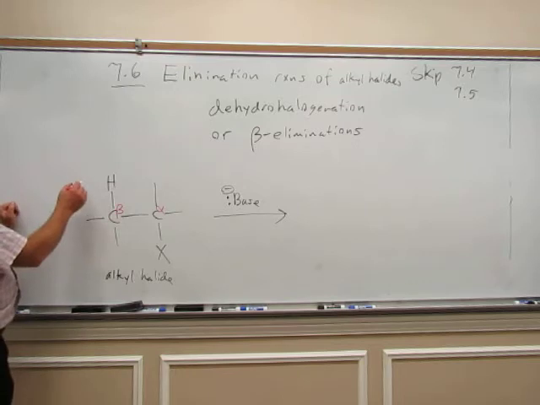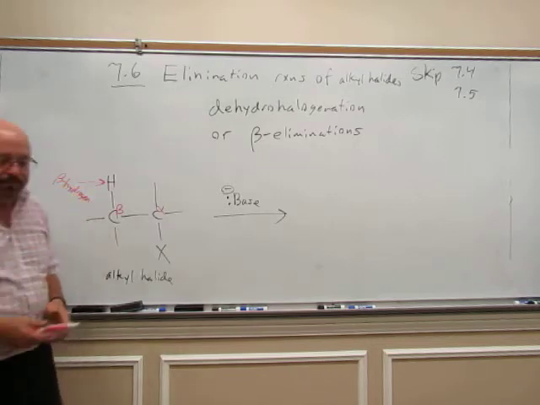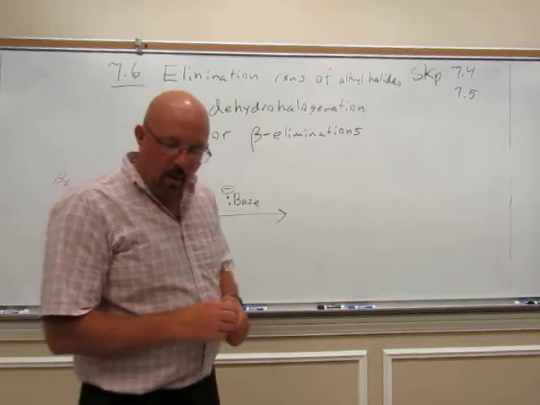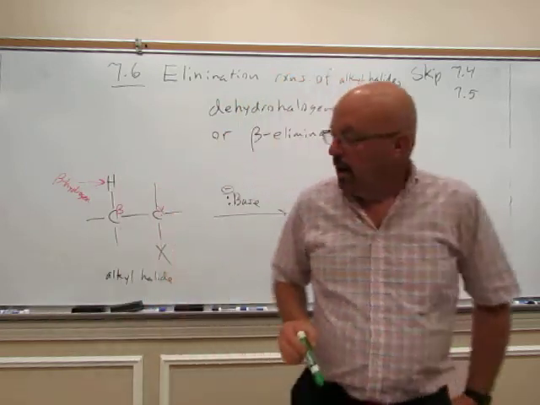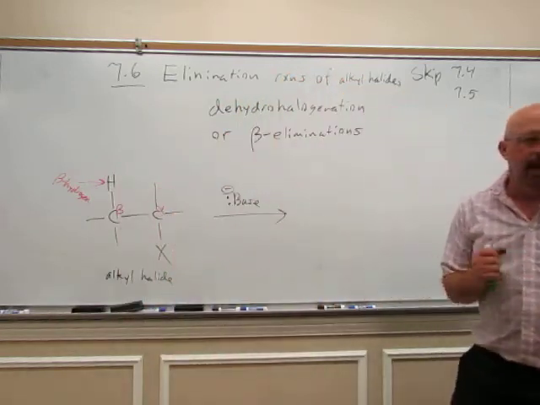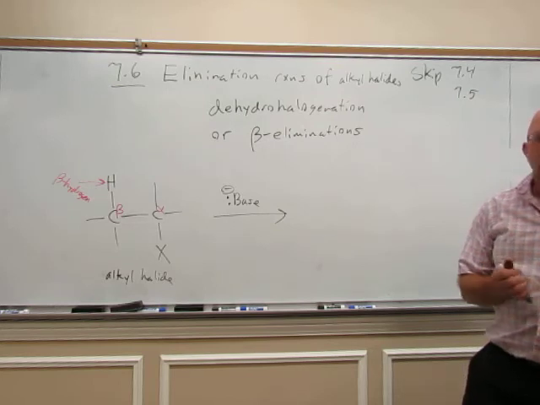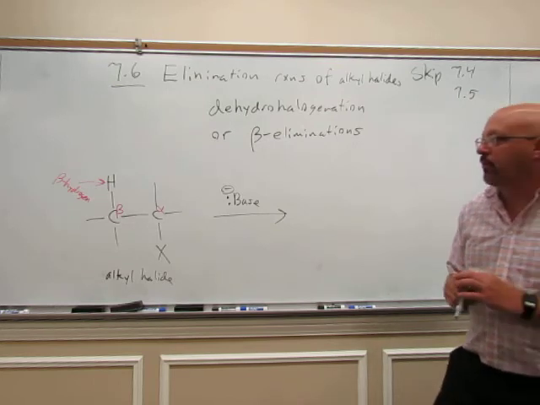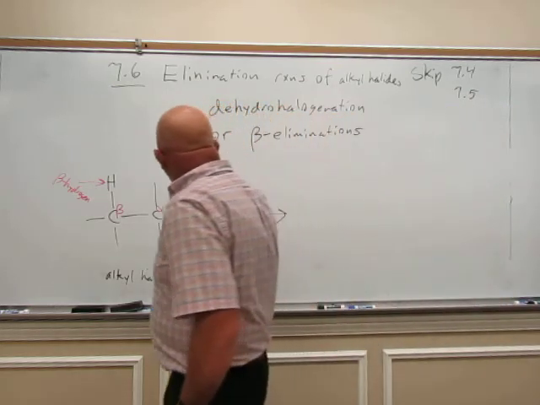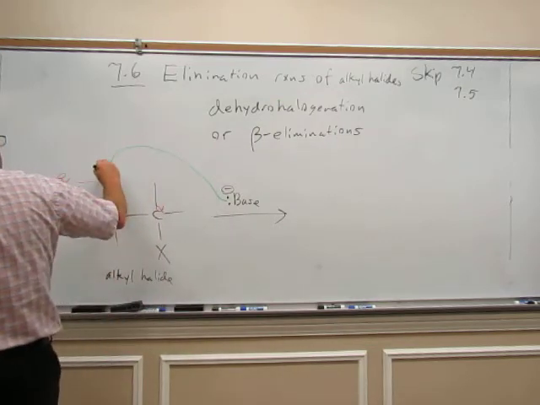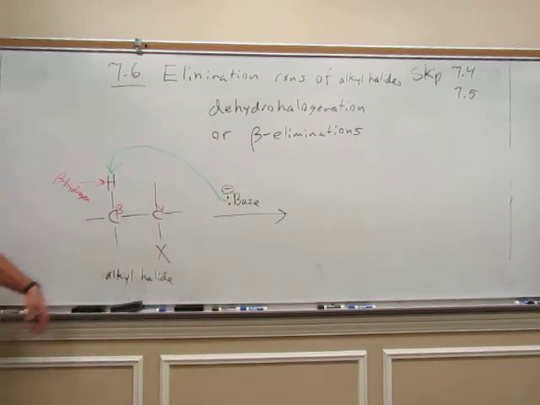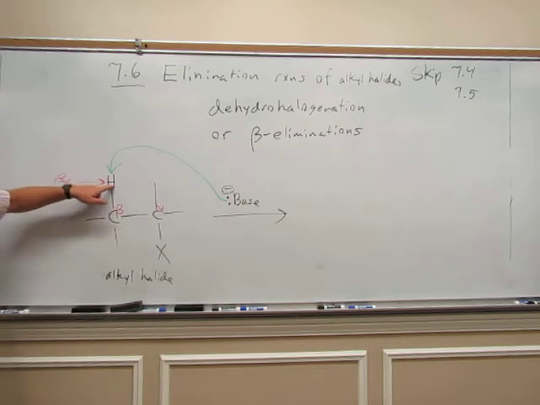The hydrogen that's on a beta carbon is called a beta hydrogen. Our base is going to come and grab a beta hydrogen. And let's take a look as to why it wants to do that. If we grab the beta hydrogen, we're going to form a bond between the base and that hydrogen atom.